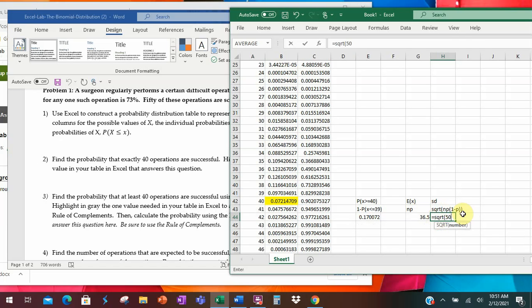My n was my 50. My p was my 0.73. Then times 1 minus 0.73. And then that gives me, I put the 2 parentheses, one closes the 1 minus p, and then the other one closes the square root. So the SQRT, that's Excel's version of taking the square root, the radical sign. Okay.